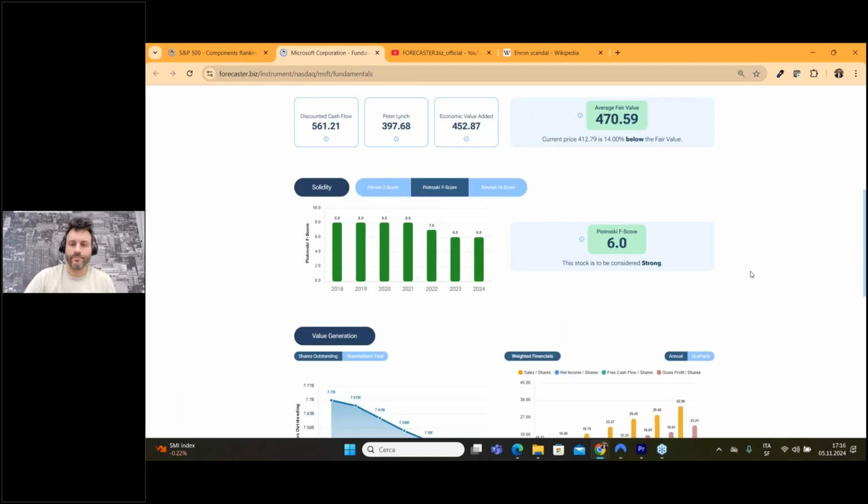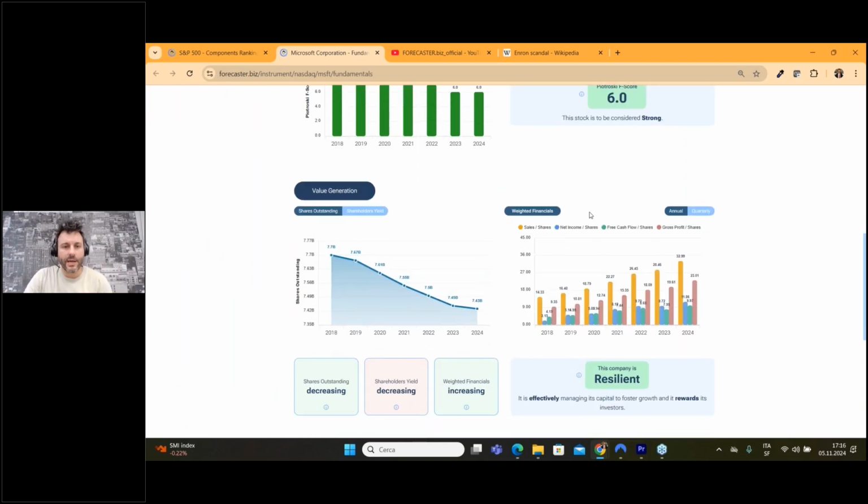Okay. If we scroll down again, we can find the value generation section, where we can see, for example, if the company is doing buybacks or not. In the case of Microsoft, we can find a company which has been regularly doing buybacks since 2018.